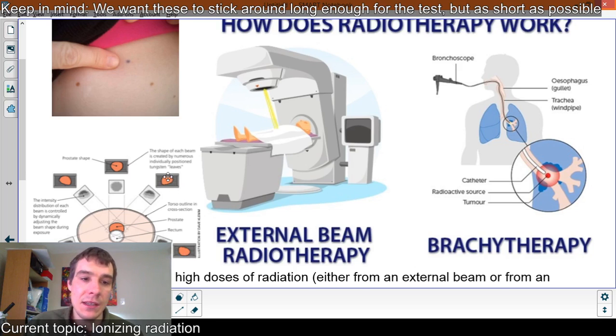They shoot once like this, then once like this, then once like this, and you get dozens of beams coming in, all of them focused around the tumor. So the tumor sees every single beam, but the rest of the body doesn't, and so you get more radiation to the tumor, more cell death right where the tumor is, and less cell death around. That's the idea behind radiotherapy.